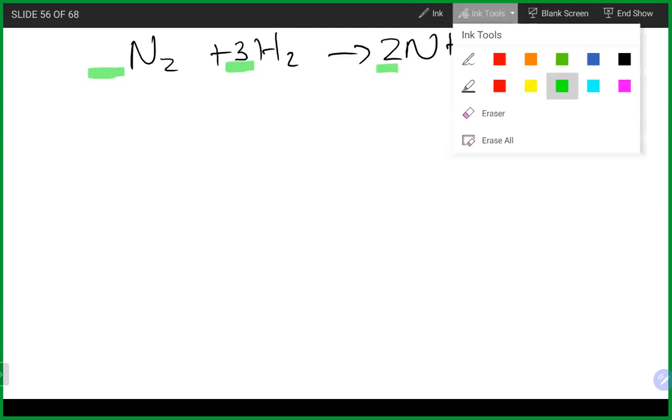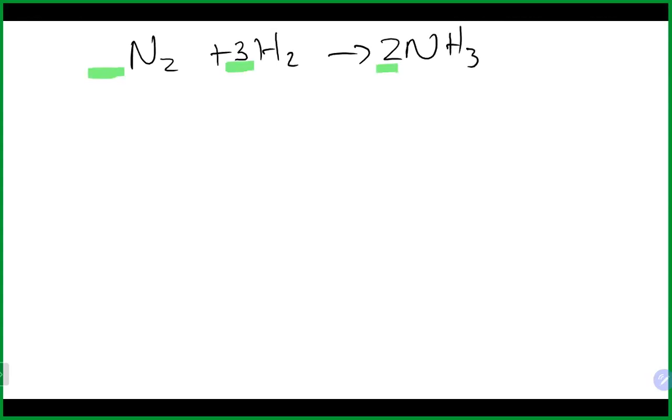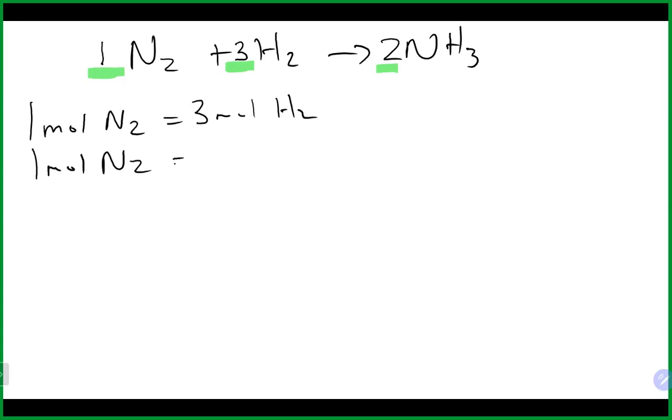So for example, in this particular equation, if there's nothing written there, it's assumed to be 1 like normal. That would be 1 mole of N2 needs to react with how many moles of H2? 3. For every 1 mole of N2 I toss in there, how many moles of NH3 do I need? 2, which is, again, just the coefficient.